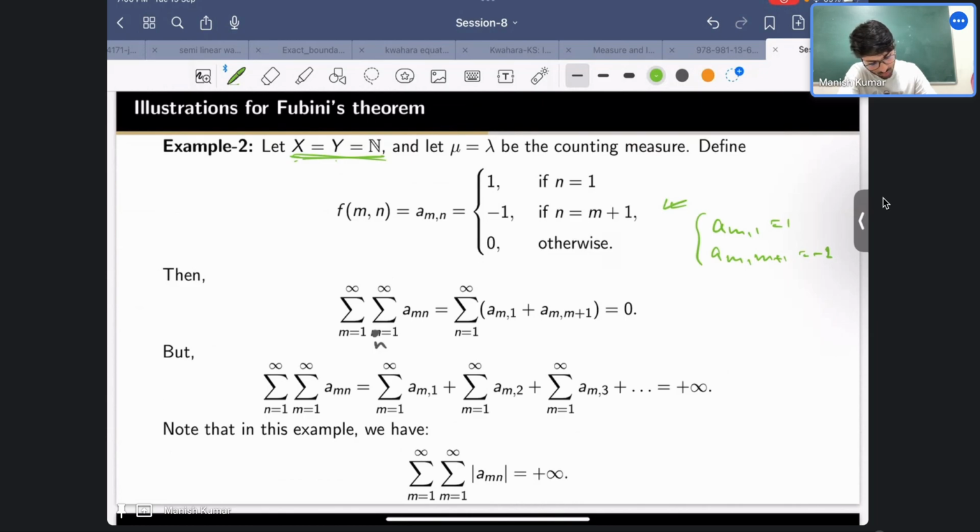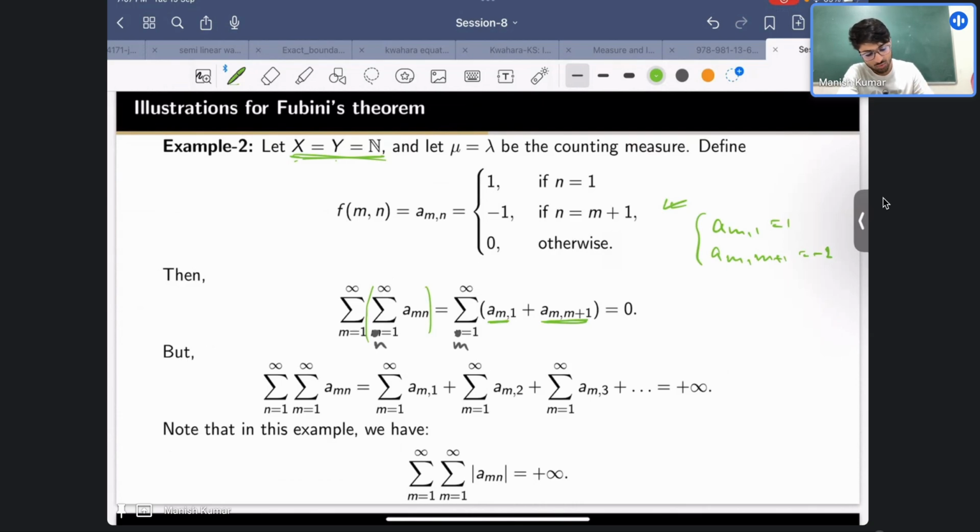Once you fix m, only two quantities are non-zero: a_{m,1} and a_{m,m+1}.